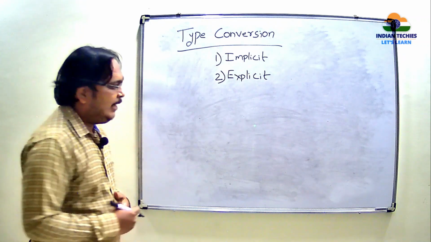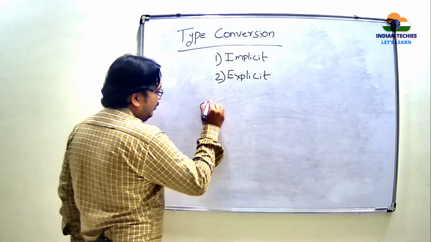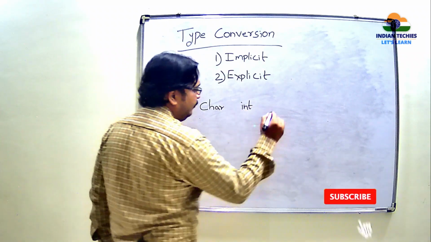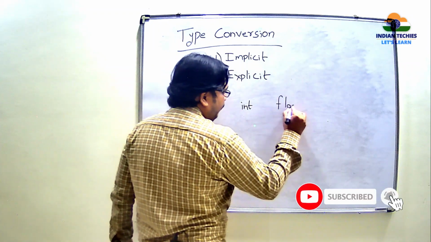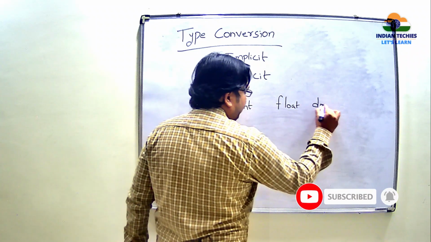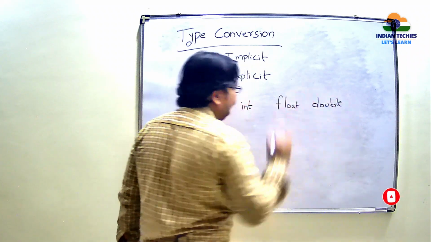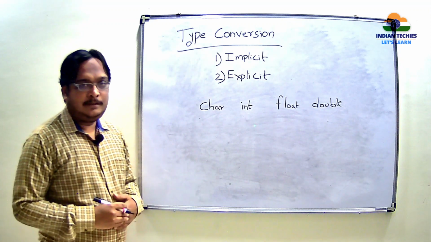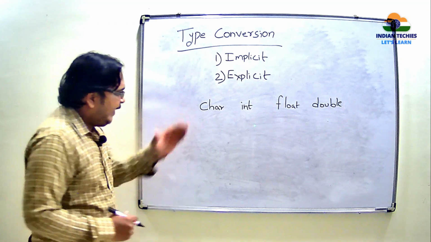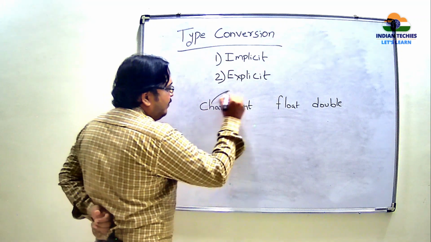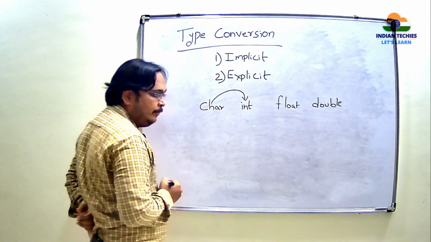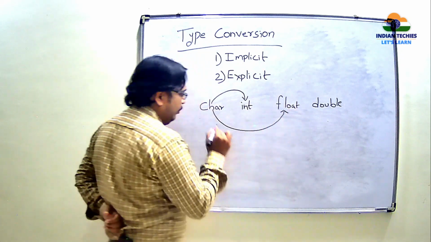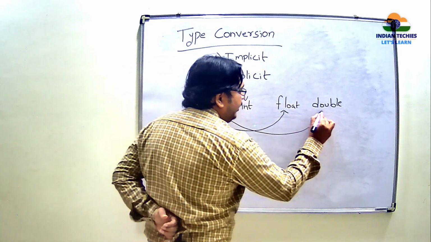Now, how it is done: consider character, integer, float, double. These are the four primitive data types that are available. A character data type can be converted into integer, into float, or into double.